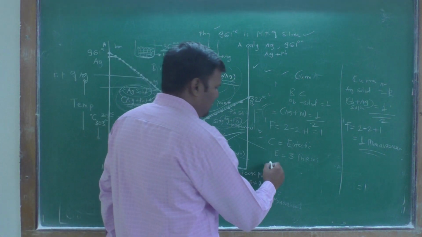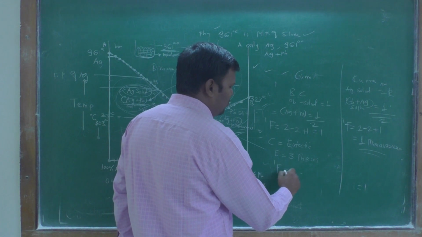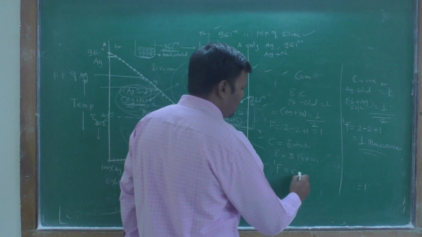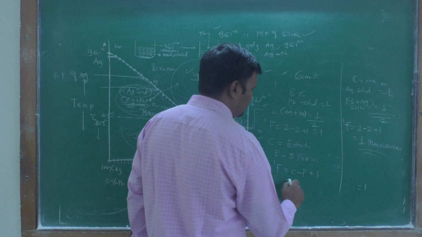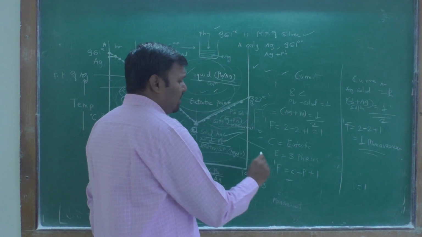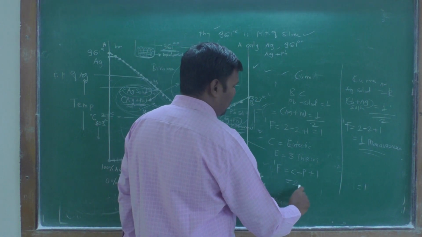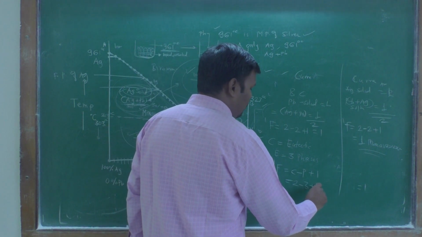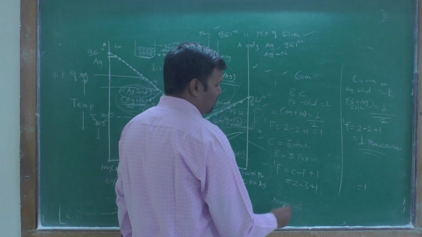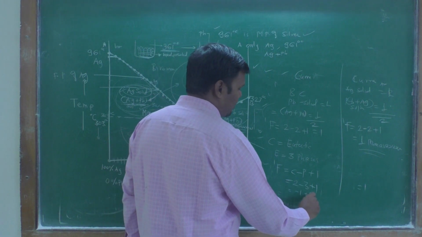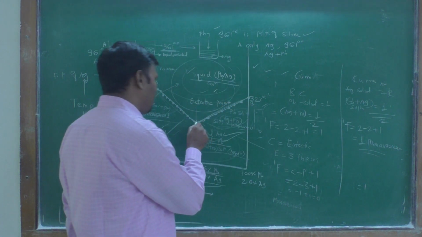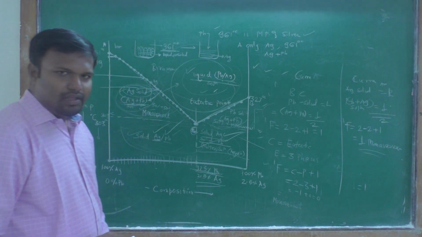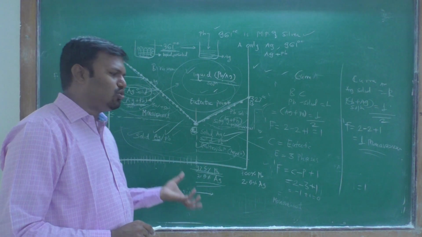Using the formula C minus P plus 1, the components are two, 2 minus phases 3 plus 1, therefore 2 minus 3 is minus 1, plus 1 is equal to 0. Therefore that point is a non-variant, zero variant point.